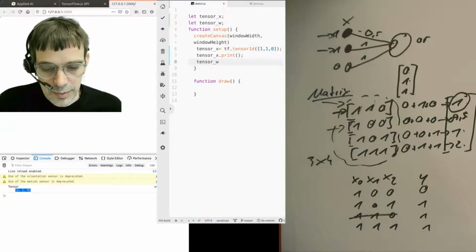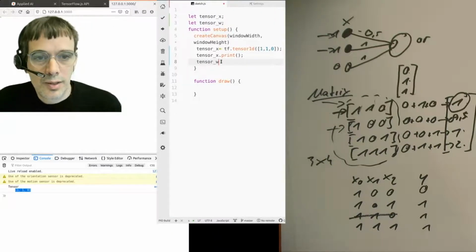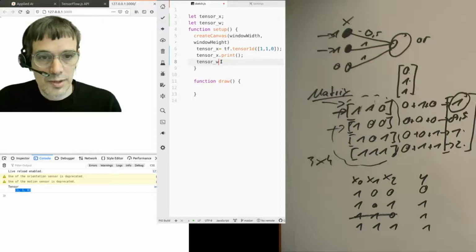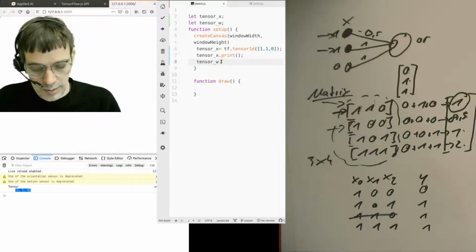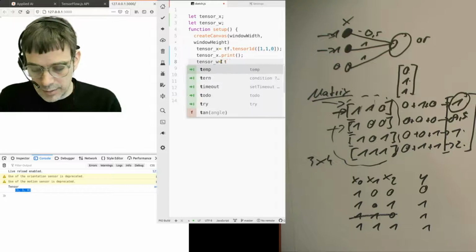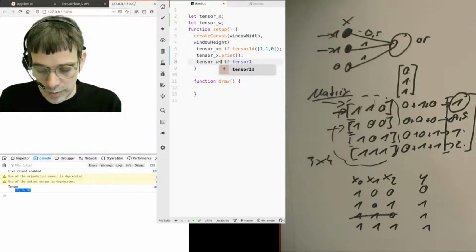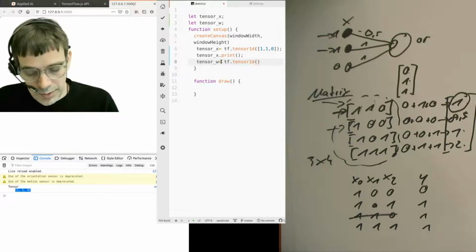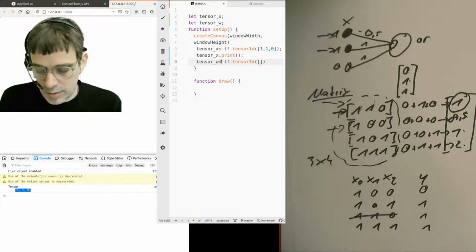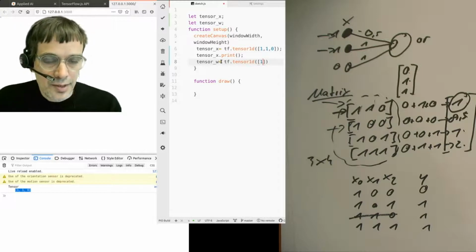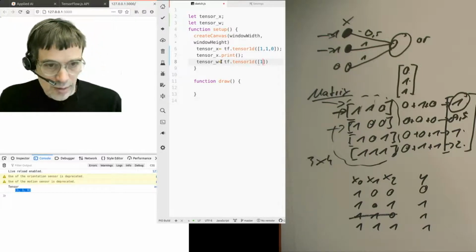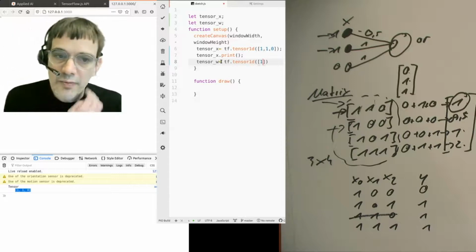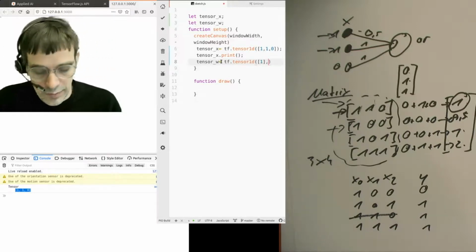This is also a one-dimensional tensor, so we basically do the same. The only difference is that we define it as a column vector. Let's see if that works.